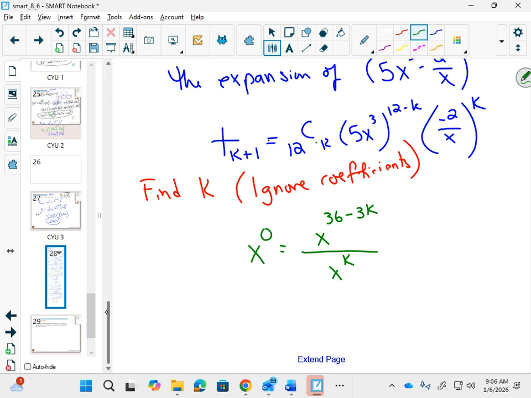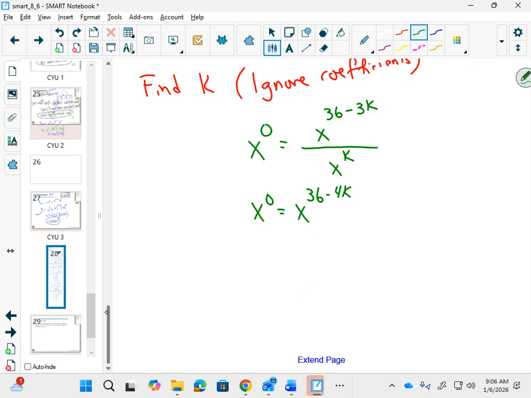But if we do it the algebraic way, using my exponent laws, this will be 36 minus 4k if I subtract the k from the top. And now you can probably see that k has to be 9. But you can do this part. So 0 would have to equal 36 minus 4k. Move the 4k over. Divide.